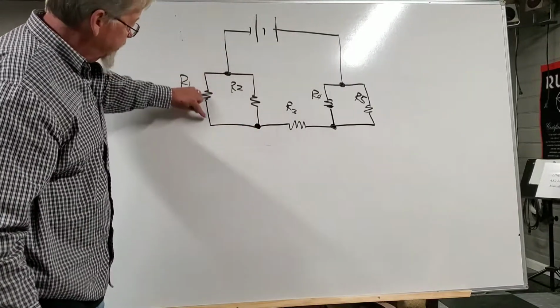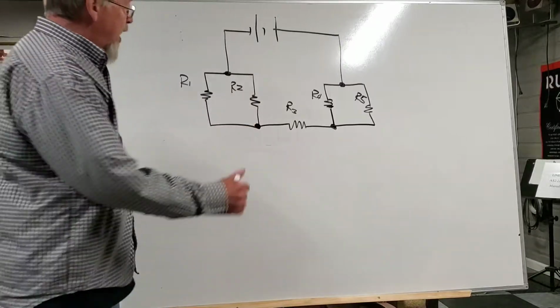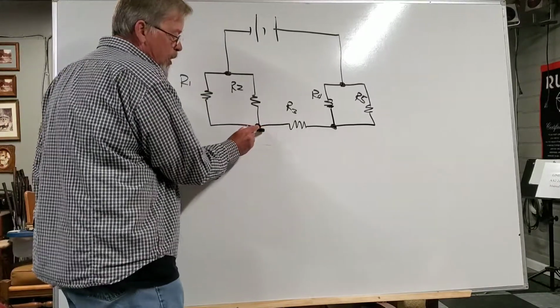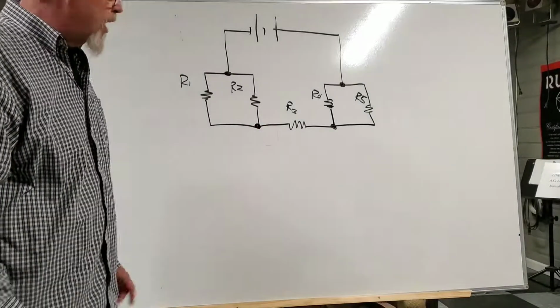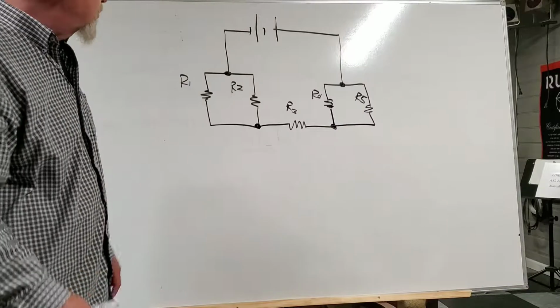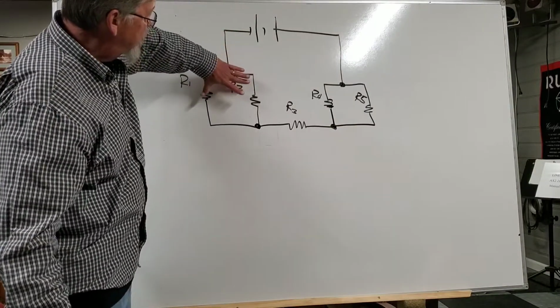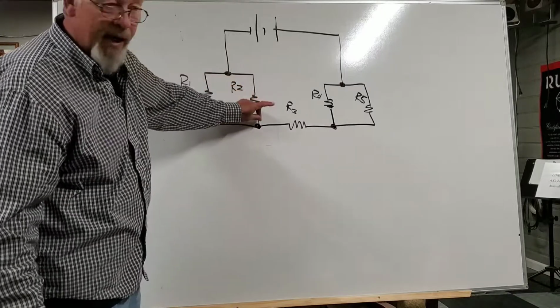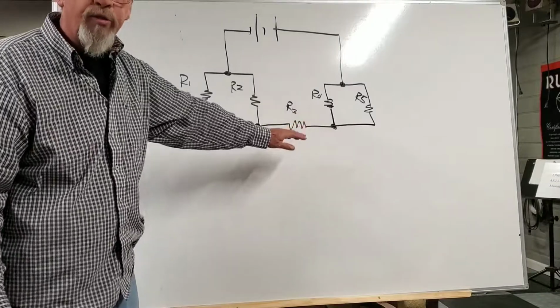So I got this resistance in parallel with R2. And then what happens? At that junction point, I'm moving along, and the next thing I get to is a resistor. Not another junction point, a resistor. So the current that comes out of the source, even though it splits, it still comes back together at this junction point to be flowing through R3.